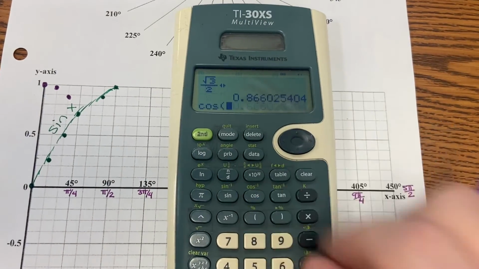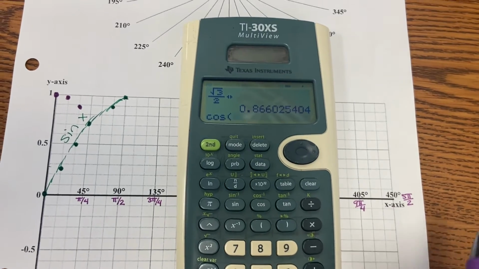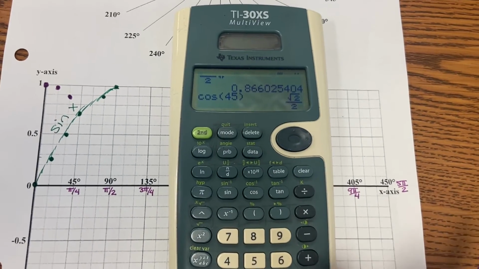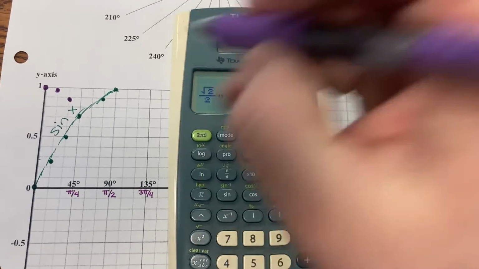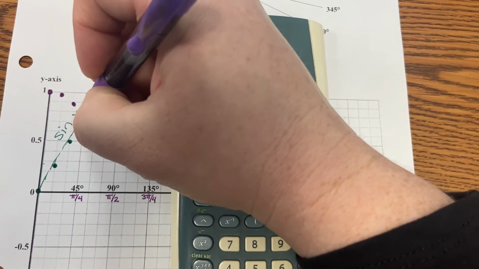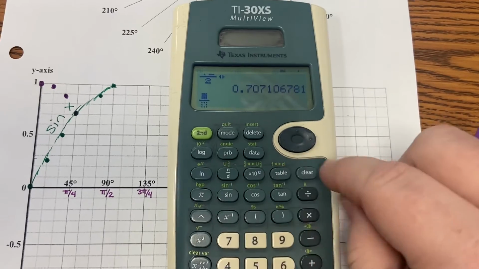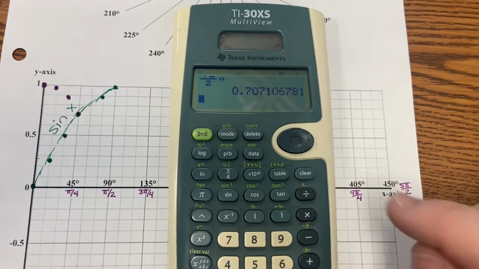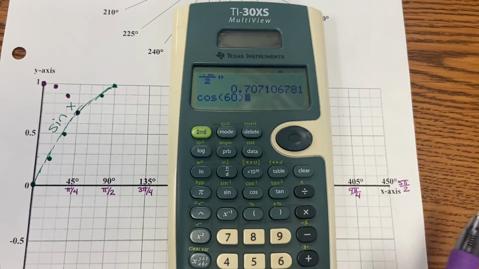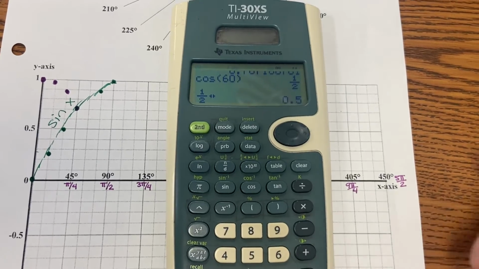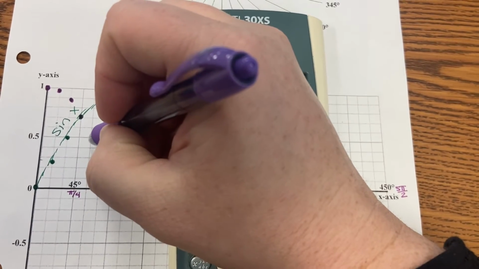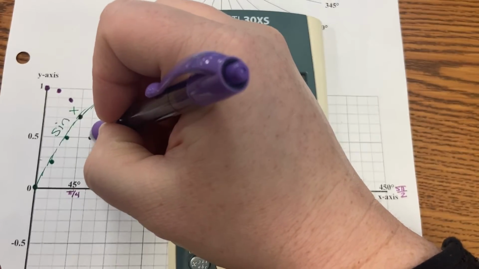Then I'm going to say cosine of 45. And I got 0.7-ish, so that would be approximately right here. Cosine of 60 would be 1/2 or 0.5. So 60 is right here.